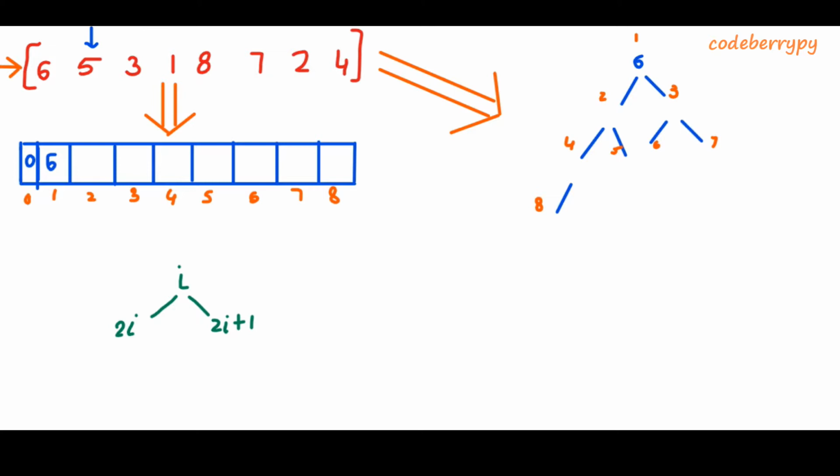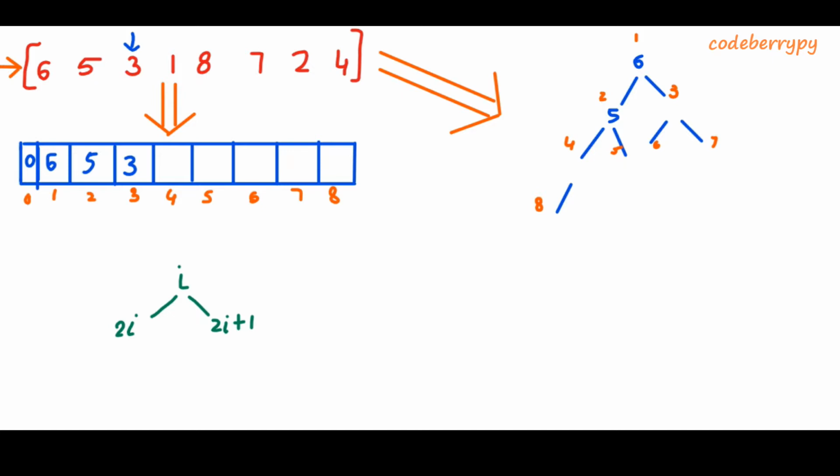So again, we put it in the heap array, and remember that for a particular index i, its left child is 2i. So for index 1, its left child is 2. Therefore, in the heap tree, at the left of 6, 5 will come in. We're going to move further right, append this element inside the heap array, and now we see that index 3 is the right child of index 1.